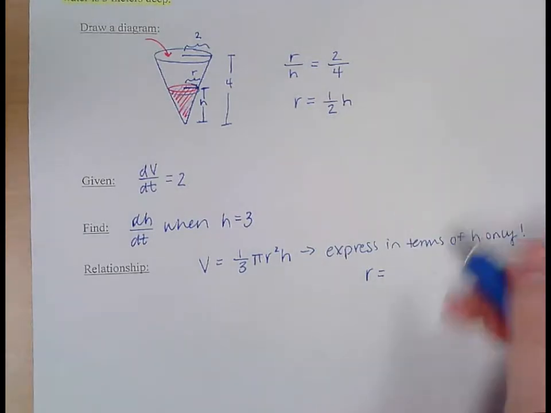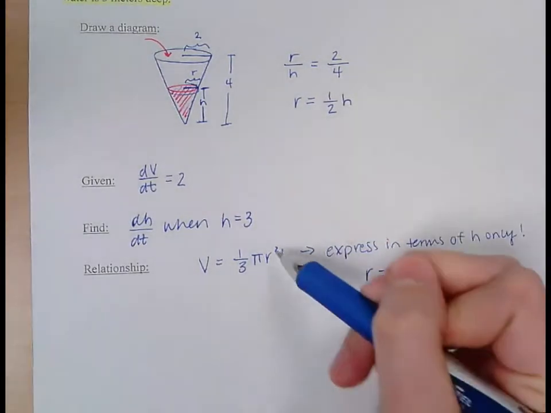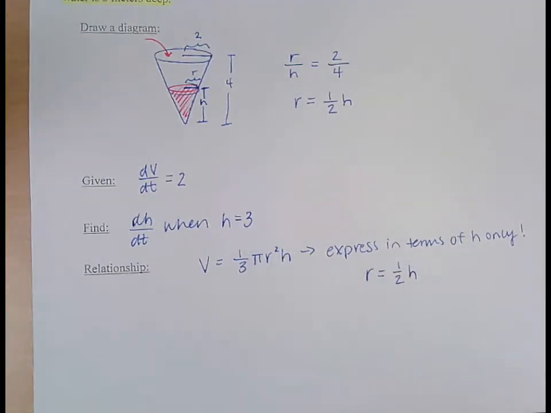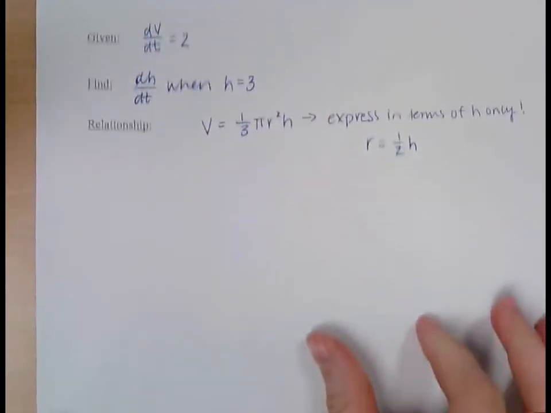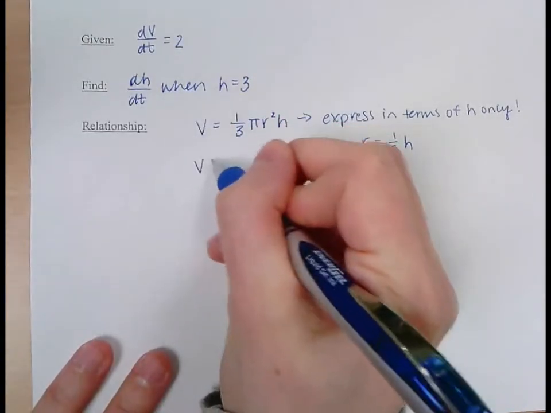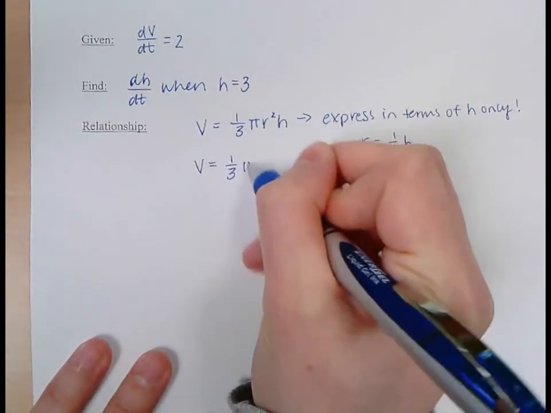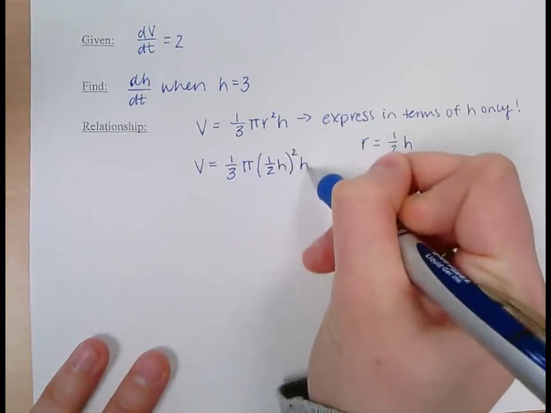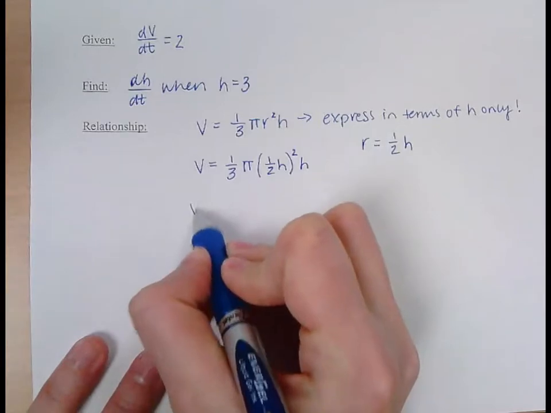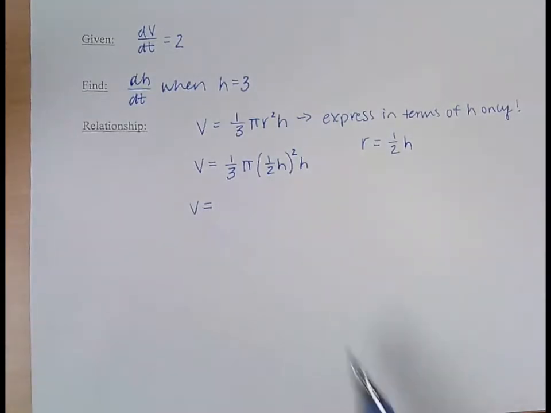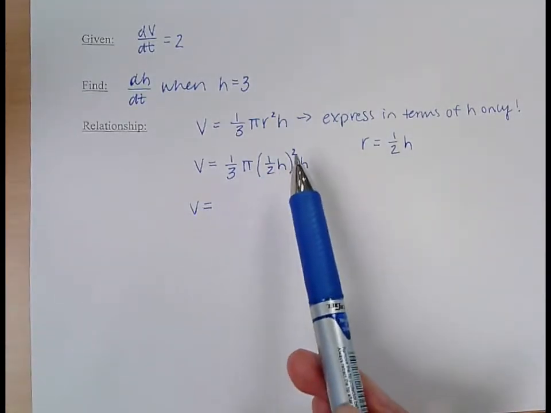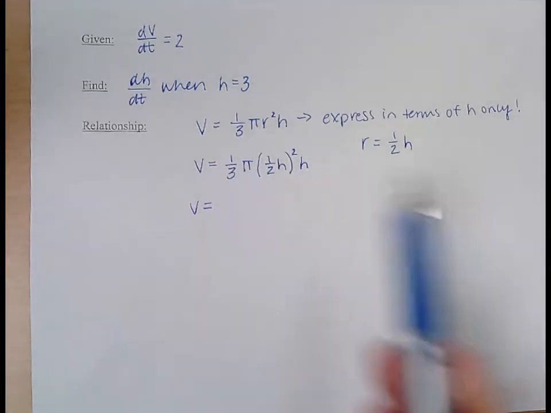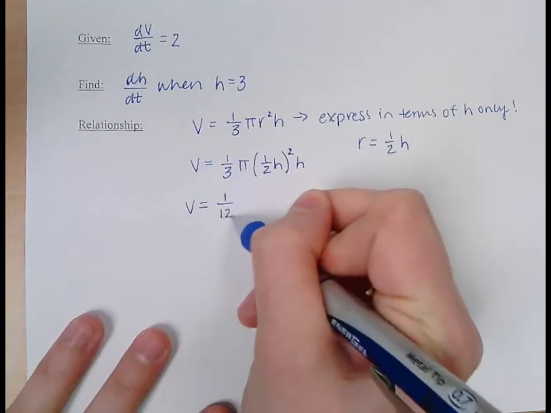So I can then replace this r in my volume formula with 1/2 h, and then volume will just be in terms of h. So I would have V equals 1/3 pi times the quantity 1/2 h squared times h. So then here I know the 1/2 squared is going to be 1/4, and if I multiply that by 1/3, I'll have 1/12.